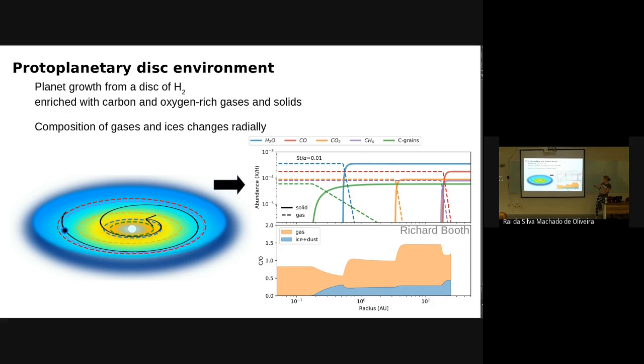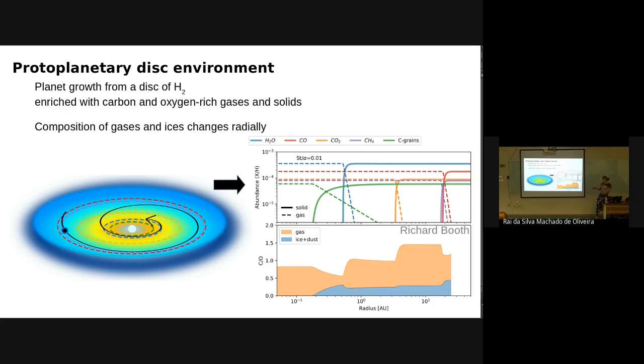So for example, the dark red line, this is the CO ices, and the dashed line is all the CO gas you have in the disk. So as you go in, everything eventually evaporates into gas, and before this, everything is in dust.